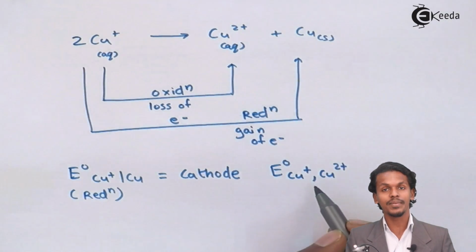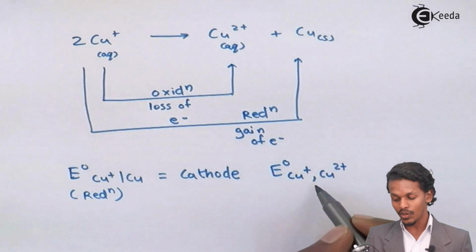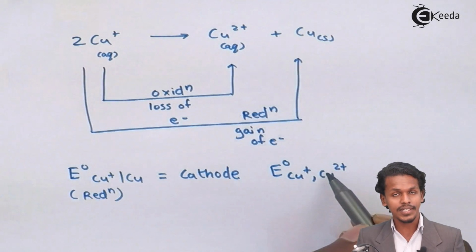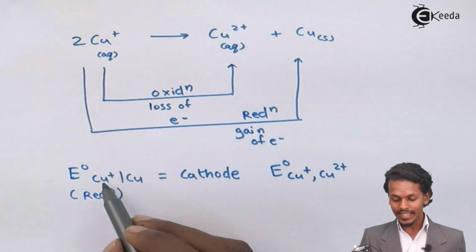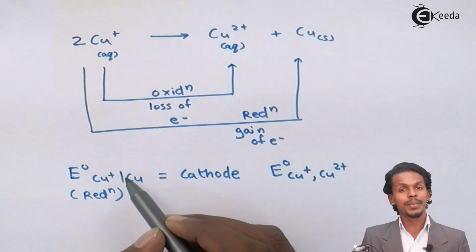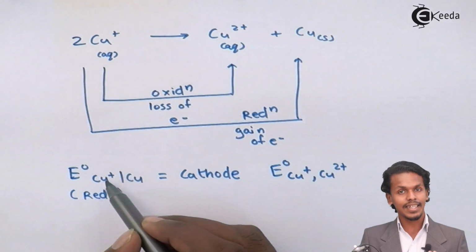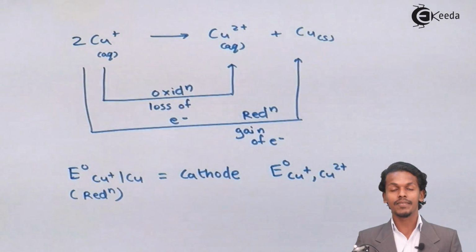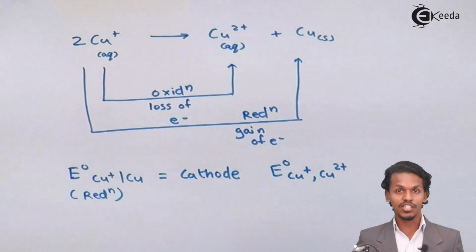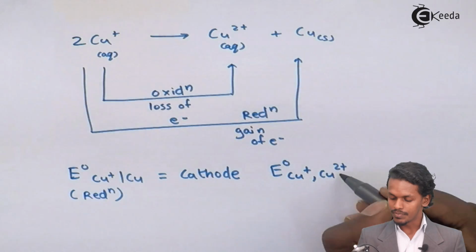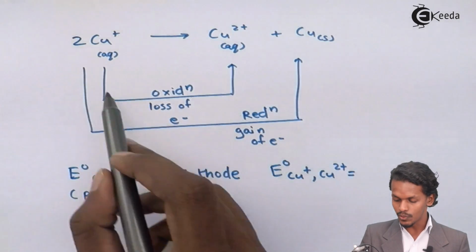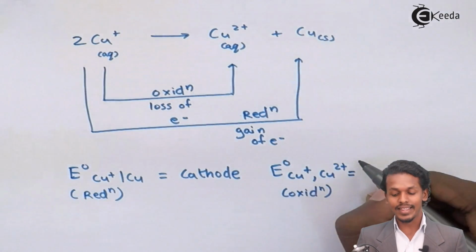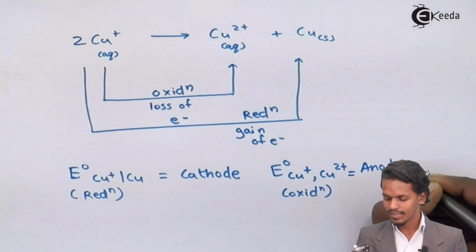The comma is there because the two are in aqueous or ionic form but are of different oxidation states. While a vertical line is included between Cu2 plus and Cu, because Cu2 plus is in aqueous form while Cu is in solid form, so they differ in physical state. This shows oxidation, so this will be nothing but the anode.